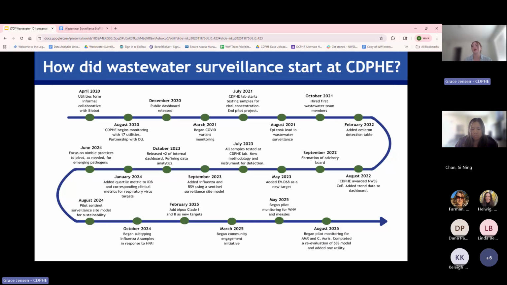So we have our utility partners and our academic partners at the University of Denver oversee a section of the United States, and we give some much needed guidance and mentorship to smaller programs within our jurisdiction. As you can see, we've continued to grow and add on new targets. And, anticipating the loss of funding and wanting to protect the sustainability and longevity of our program, we implemented a more economized model that I'll go over in the next couple of slides.